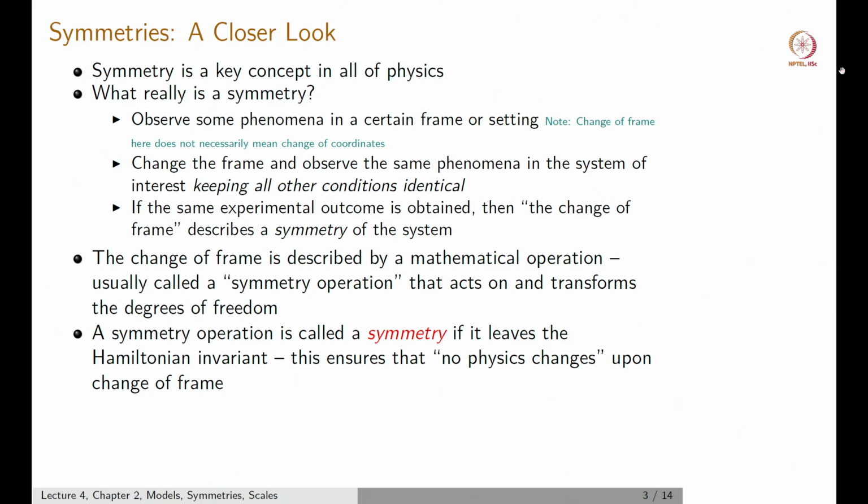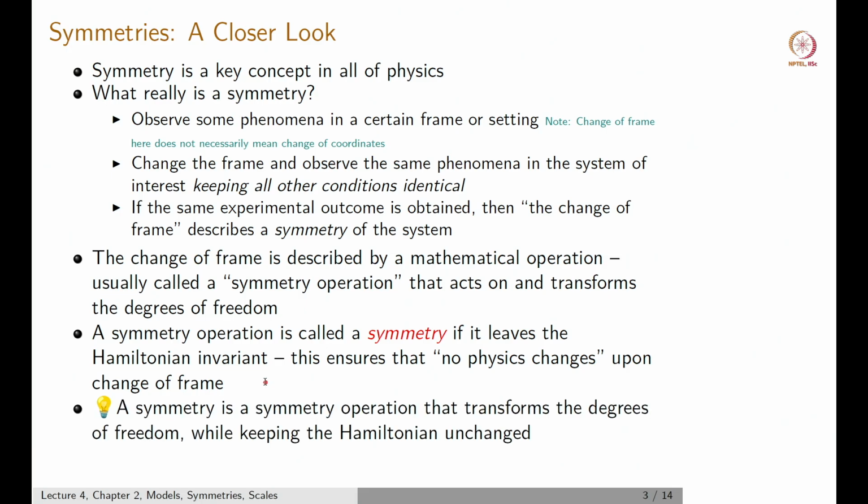Now a symmetry operation is called a symmetry if it also leaves the Hamiltonian of the system invariant. That is what is being pointed out here. If the Hamiltonian is also left invariant by a symmetry operation, then we would call that symmetry operation a symmetry. So this is the upshot of this slide. A symmetry operation is a symmetry if it transforms the degrees of freedom in a certain way and keeps the Hamiltonian unchanged.